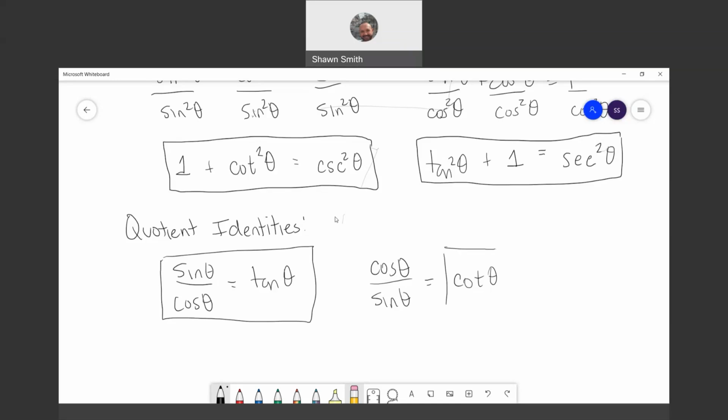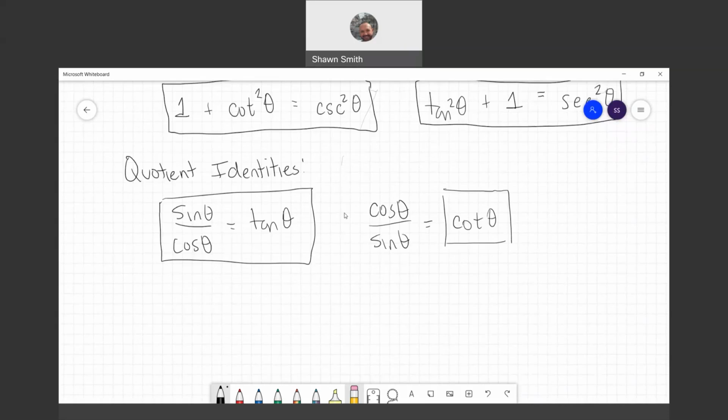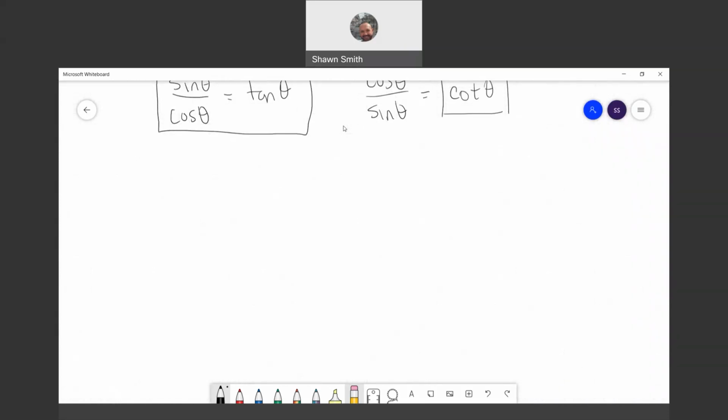So we had the reciprocal identities, the Pythagorean identities, and the quotient identities. All right, so you can also use identities to figure out other trig function values. Suppose you're given that the cosine of some angle theta is equal to the square root of 3 over 4.